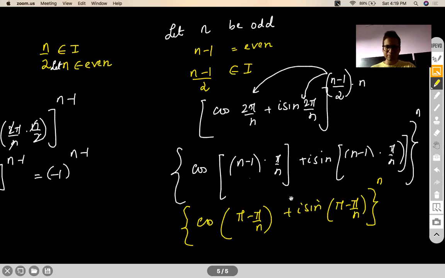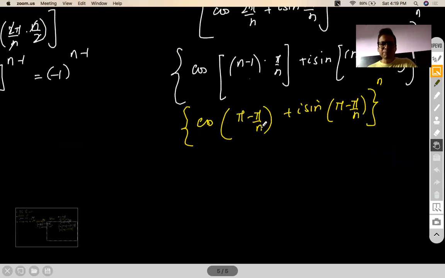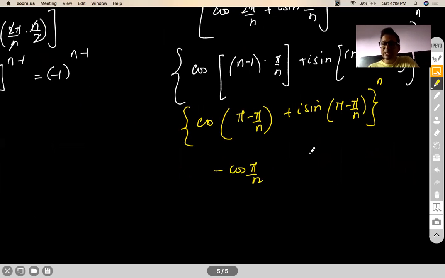Yes or no? Now cos of pi minus theta is minus cos theta, and sin of pi minus theta is sin theta only. Correct? This is something that you have already learned in your trigonometry. Any questions, any concerns here?